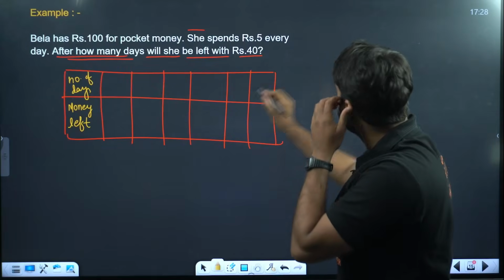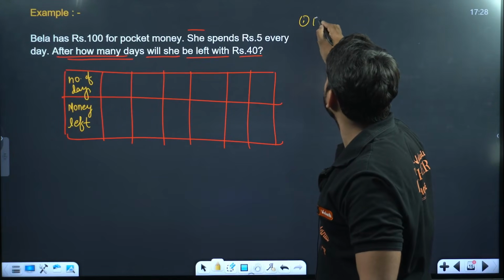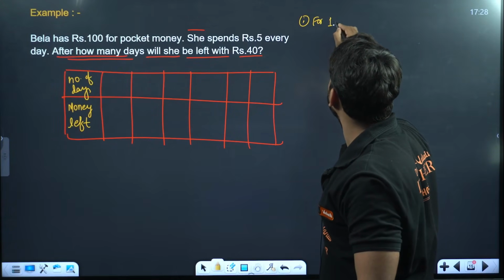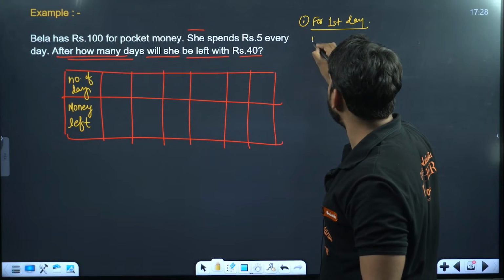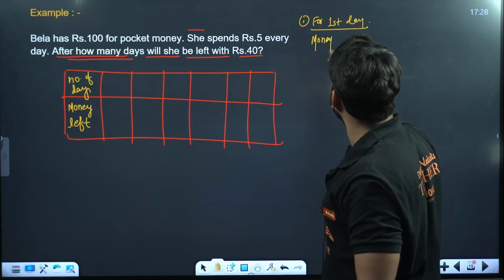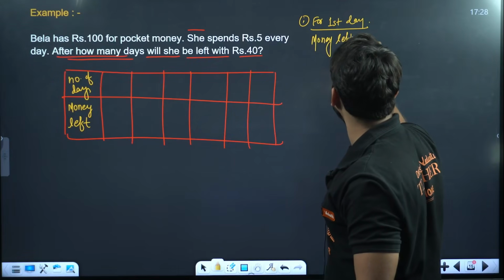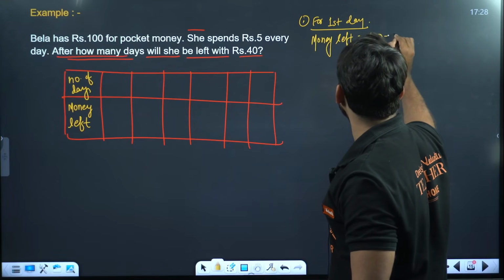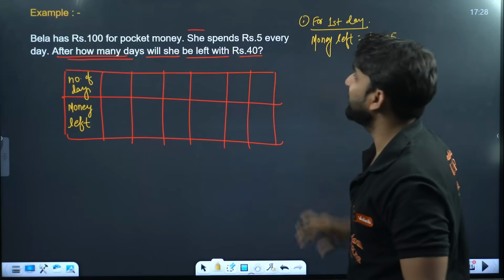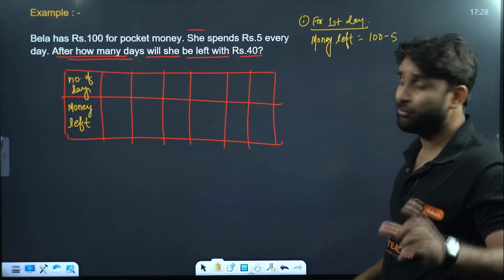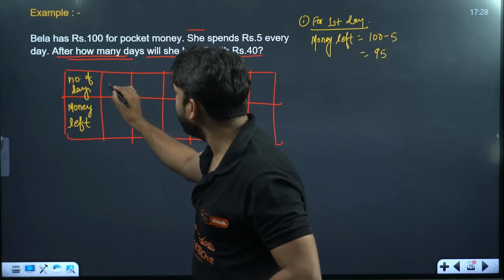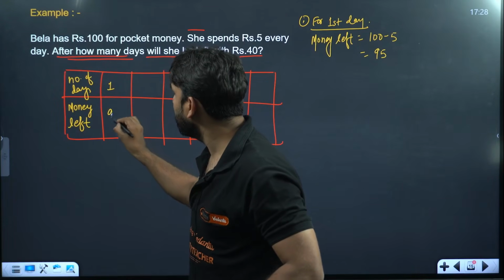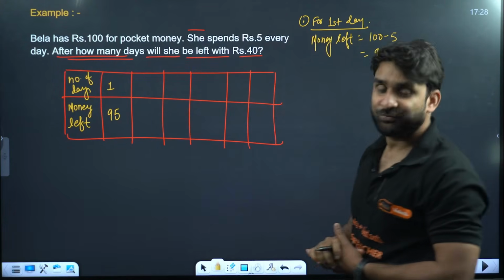Listen, for the first day, how much money does she have now? Money left on the first day is 100 minus 5, because on the first day she has spent 5 rupees, so the answer is 95. So for the first day, money left is 95.